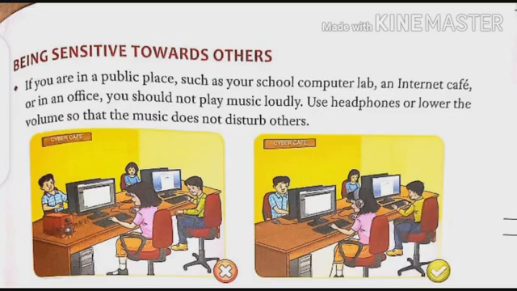We should never touch the connecting wires, never bang the computer or its parts. We should never pull or push the keyboard too hard, and the computer must be switched on and off properly. Maintaining the correct posture is also a very important thing. So today we have learned these do's and don'ts while using the computer.